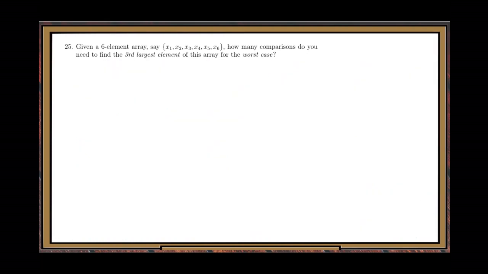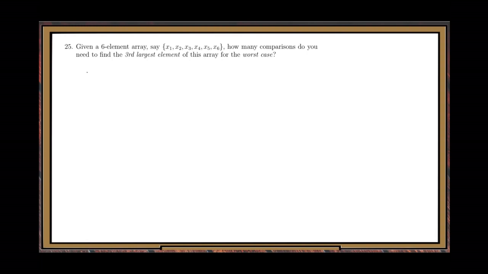So the example, I gave this question a few times, but I couldn't find a chance to give you the solution. Here I have a chance to give you the solution.